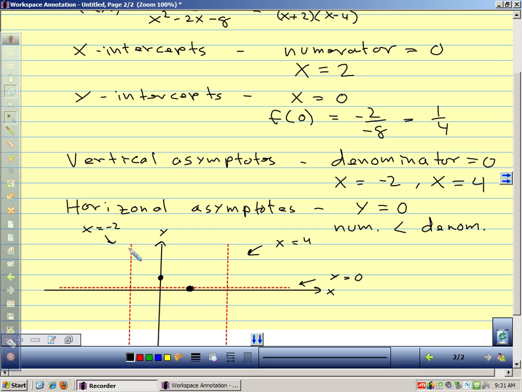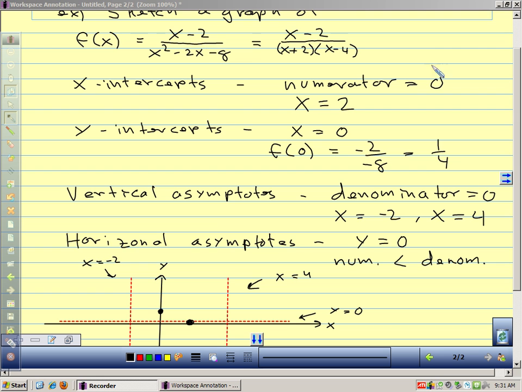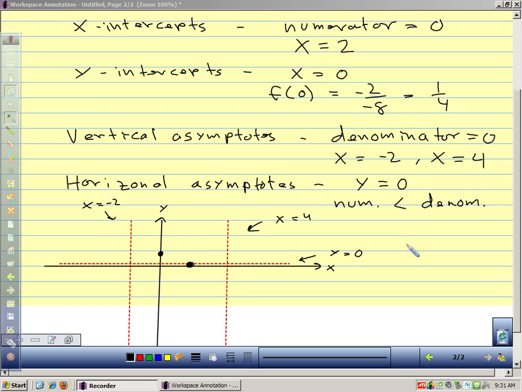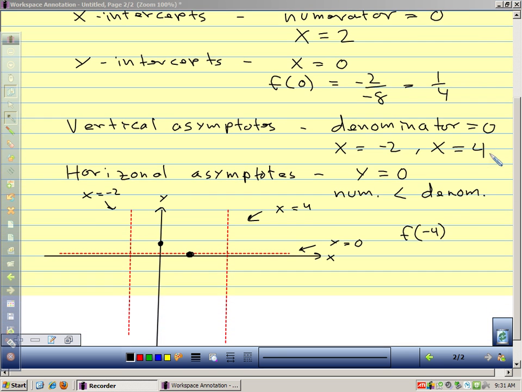So here we are at -2, so let's find f of -4 out here. So we're going beyond our asymptote. And we're just going to plug in -4 into our function. So I'm going to list some function points over here. If we plug in -4, and we calculate this out, I'm not going to go through the calculation, we get f of -4 is -3/8.